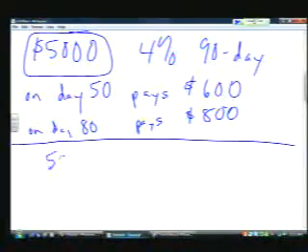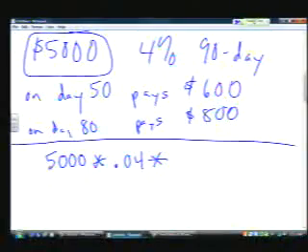So we take $5,000 to get the interest, times the 4%, times what, Robert? He waits all the way to 90 days to pay this thing off. 90 over 360, very good.